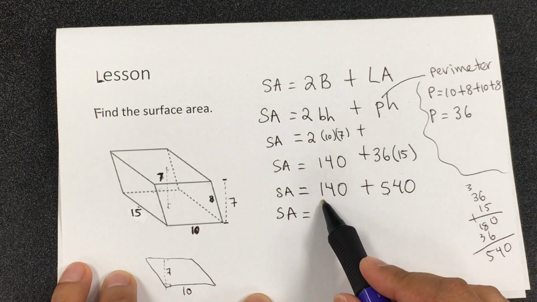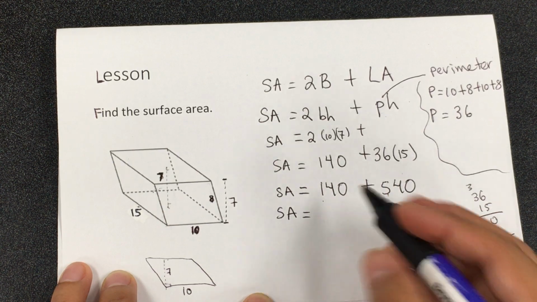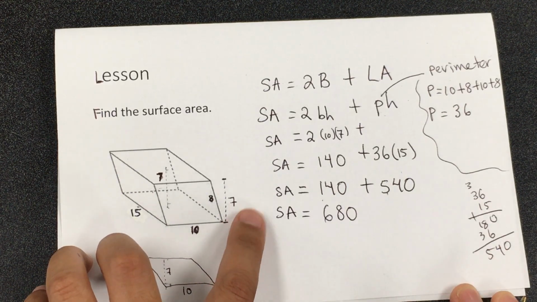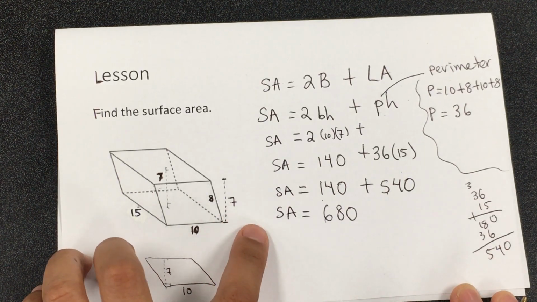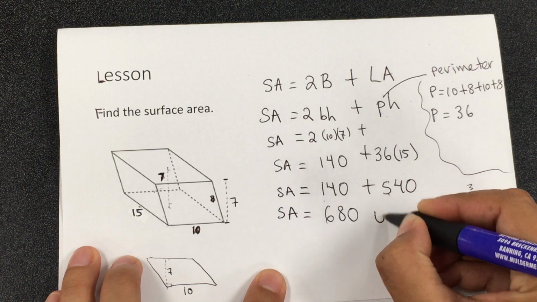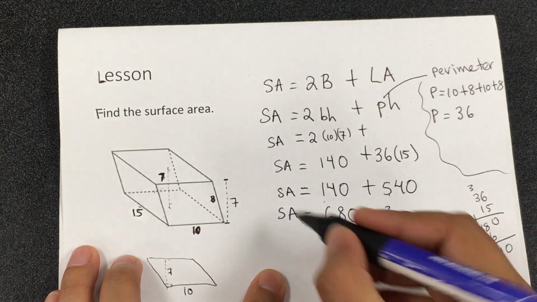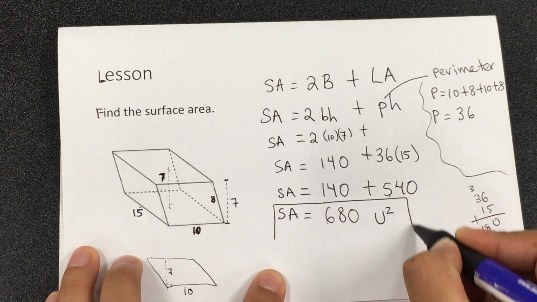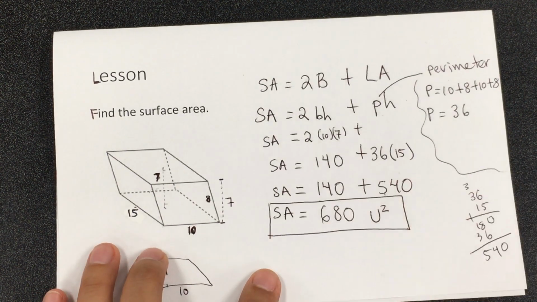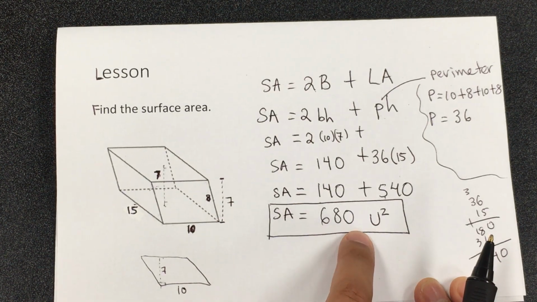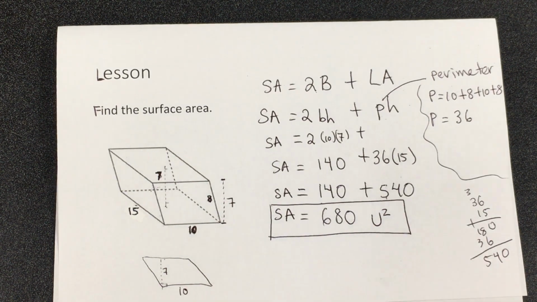And together we get 680. Now in here, we don't have a unit of measurement. So what are we going to do? We're just going to say square units. Okay, and so together the lateral area plus the area of the 2 bases is equal to 680 square units. With this, you're able to work on 11.8 and have fun.